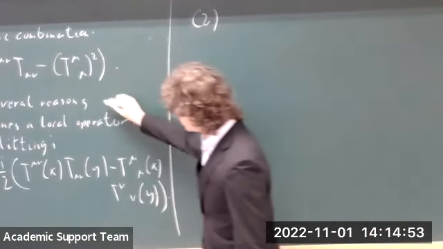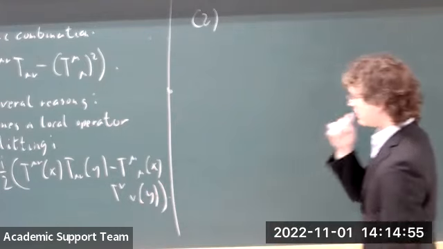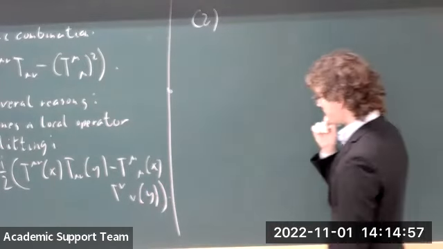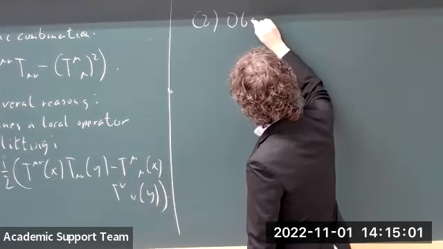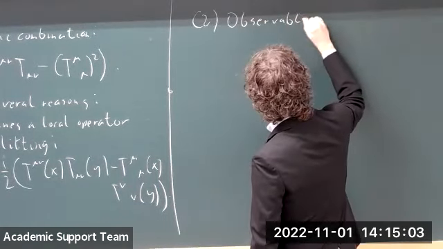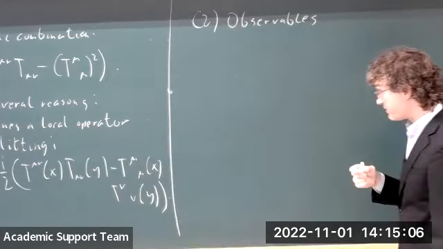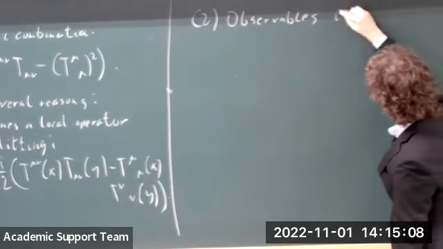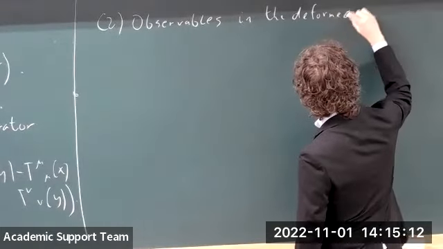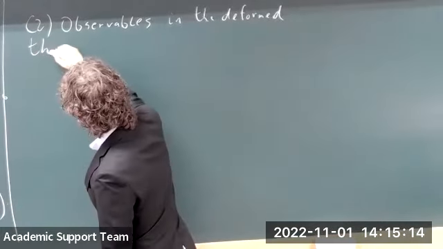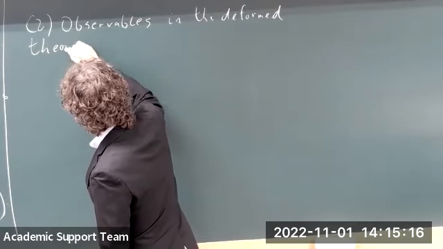So what else is nice about this combination? I've already argued that it's universal in a particular sense, that it's quantum mechanically well defined. Another nice property is that if we add this integrated local operator to some theory in order to deform it, observables in the deformed theory, what do I mean by observables?